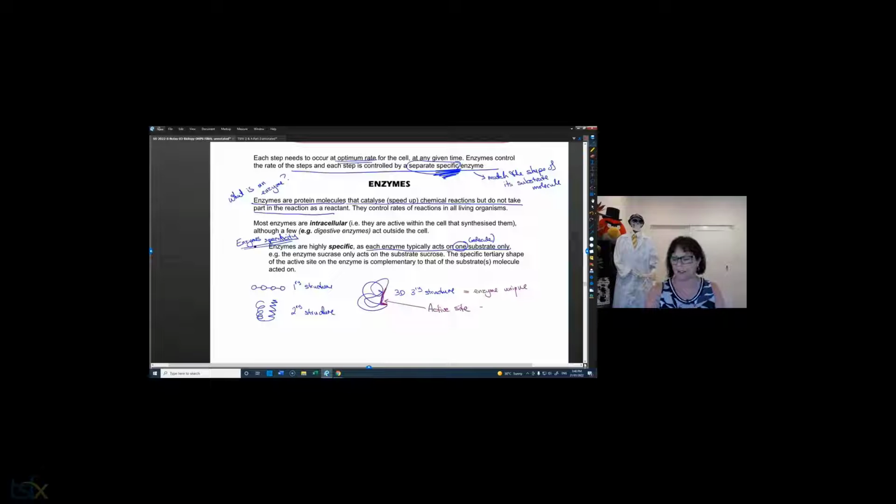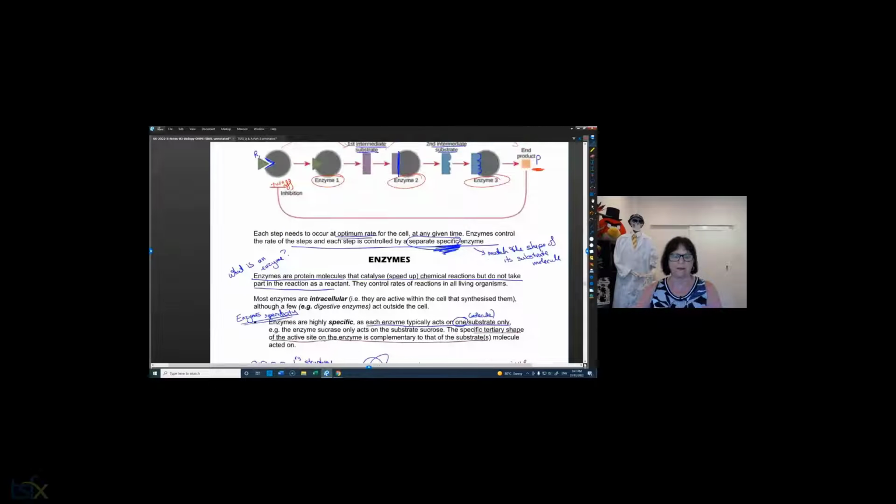The active site is where the substrate joins to. And this has to happen for the step to occur. And so this unique tertiary shape of the active site is the key to the enzyme being specific. It matches only its particular substrate.